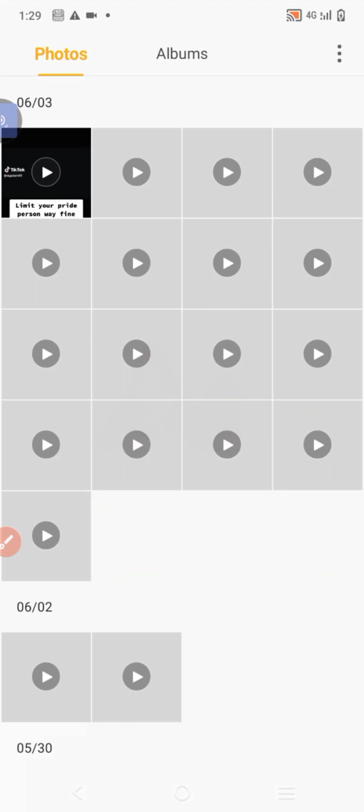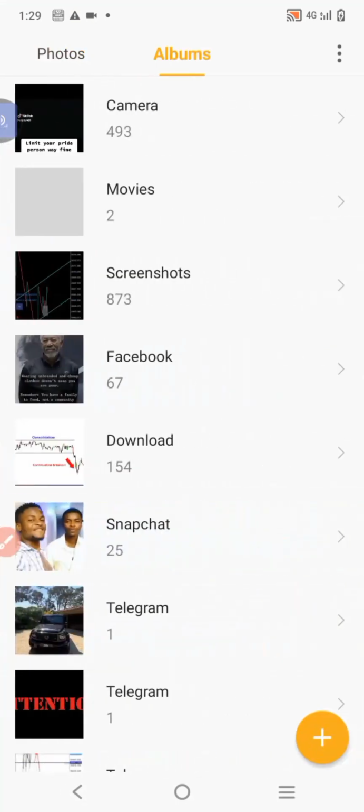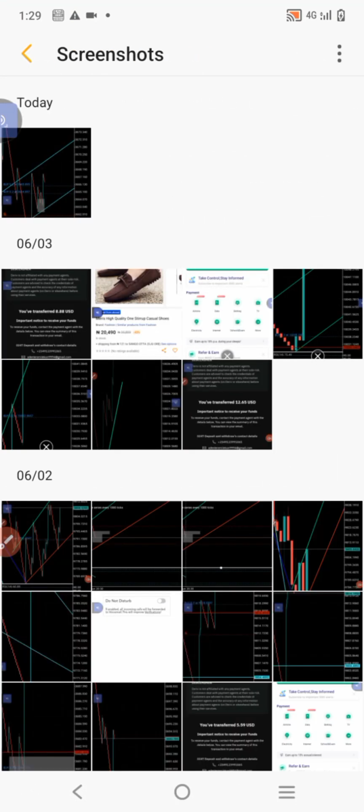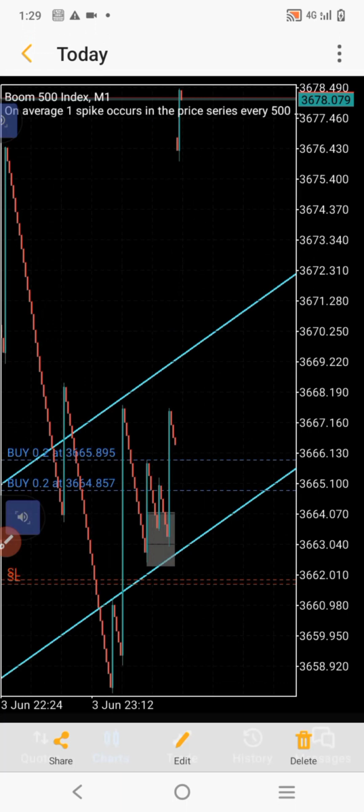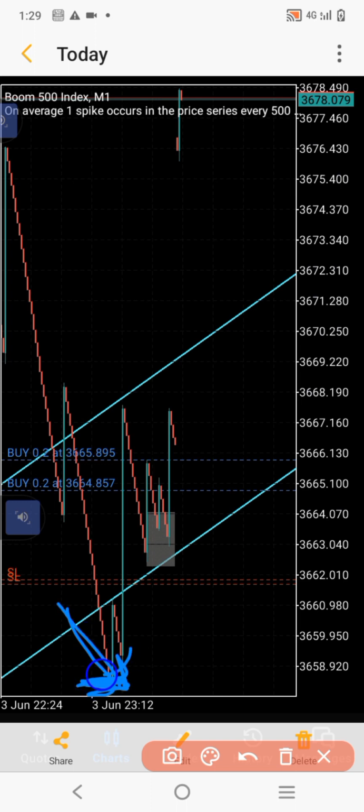Let me show you something, guys. Every day I take screenshots. Here, you can see this was just this night. As I was talking, I told you, as of when this video was made that night, I took this trade. All right, see the gap, unprecedented gap, guys, and that was at the support level.